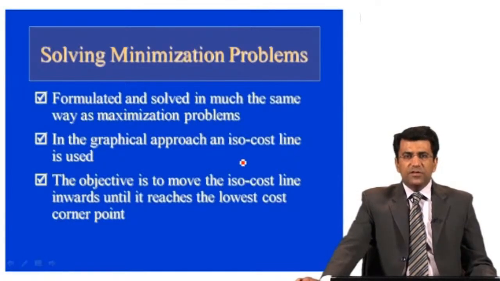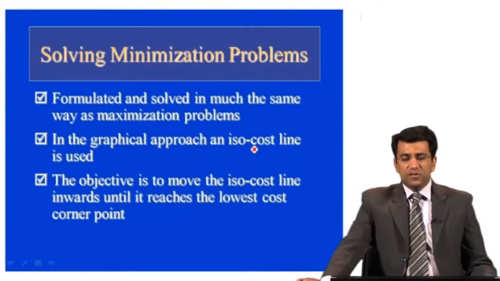There is a difference, which we will discuss as we go through the different steps of solving the problems. In the graphical approach, an iso-cost line is used. You remember for the maximization of profit, we talked about the iso-profit line. Now if we are interested in the minimization of cost, we will talk about the iso-cost line, not the iso-profit line.